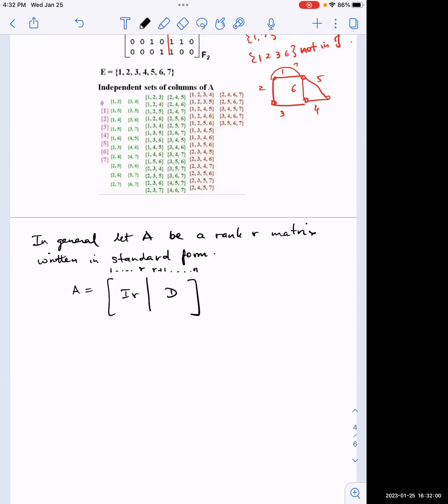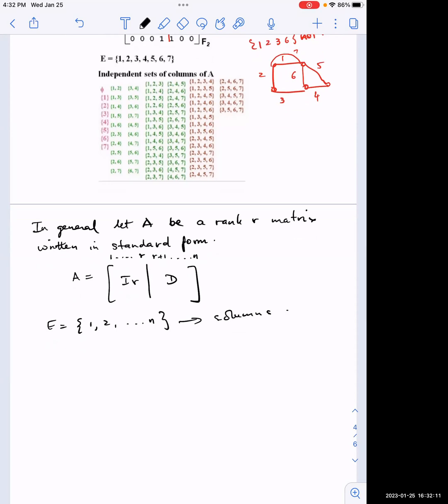And let E be the set of columns. So these are the columns. The column labels are going to form the ground set.